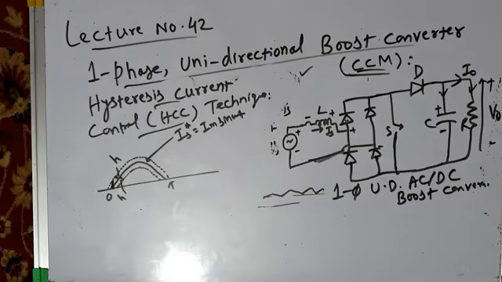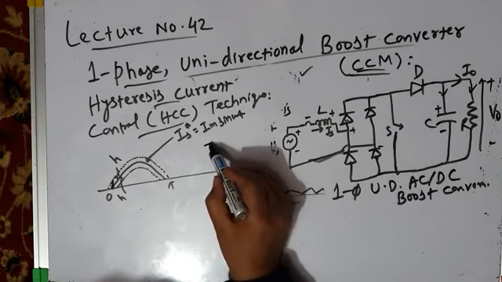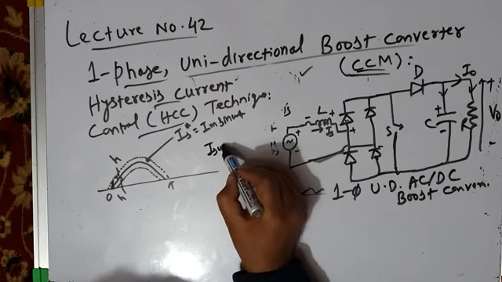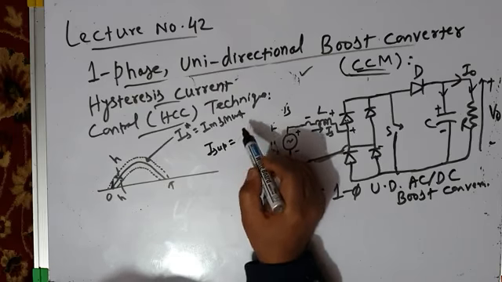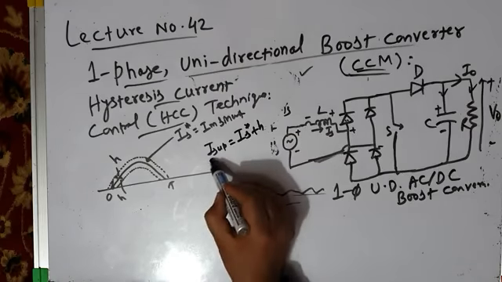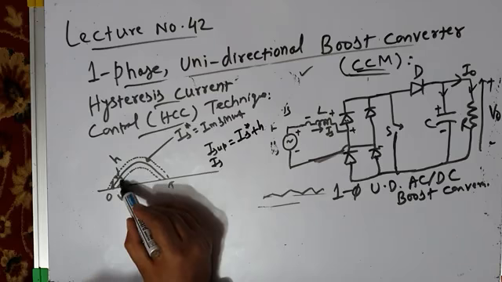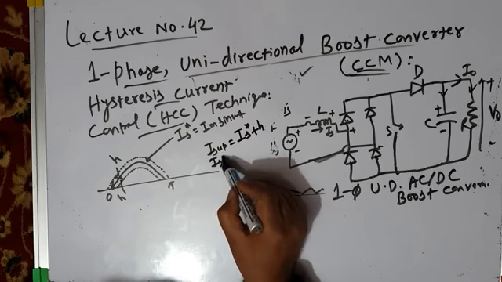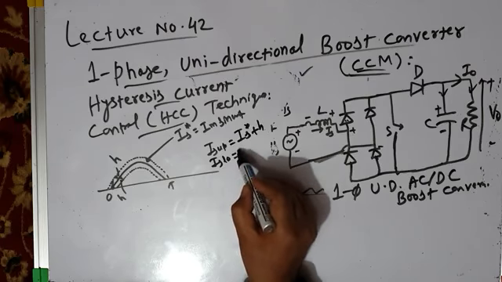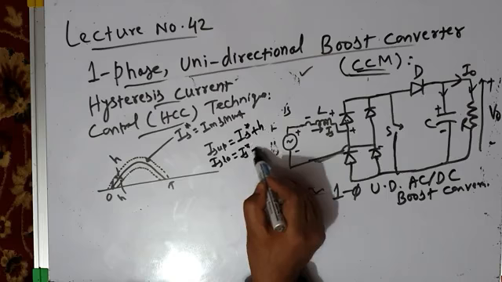Source current rise हो जाती है. As soon as the source current reaches the upper band, IS UP, that is equal to reference IS star plus H. Similarly, the source current on the lower band, IS LO, is equal to IS star minus H.